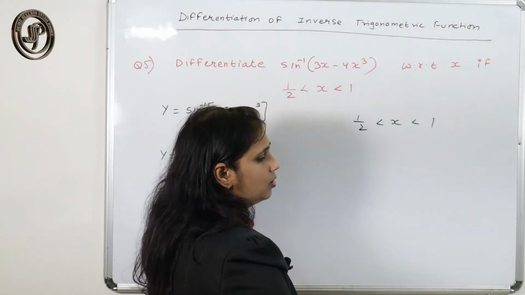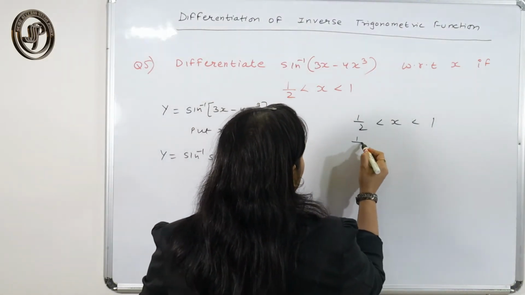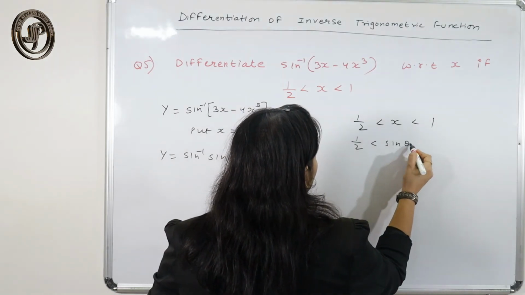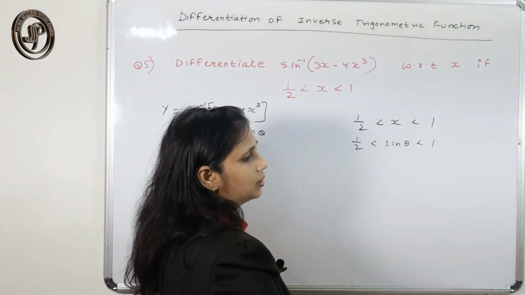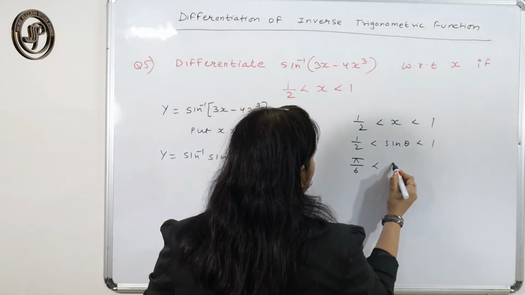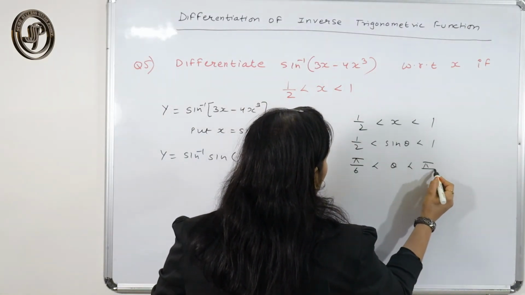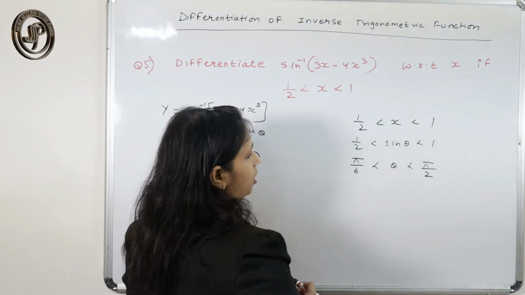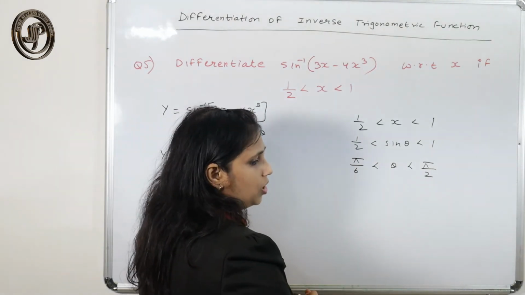This is 1, right? Now 1 by 2 to 1 for sine theta, we can replace x as sine theta. Now the value of theta will be pi by 6 here, and here pi by 2. This is the range for theta.